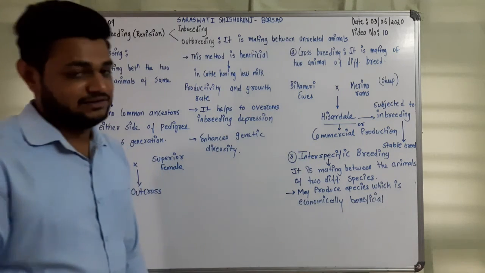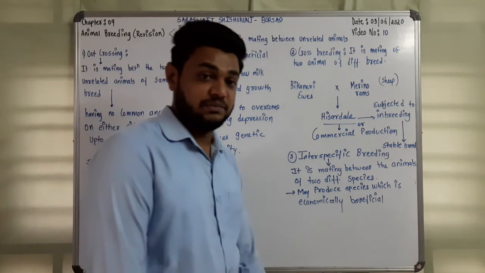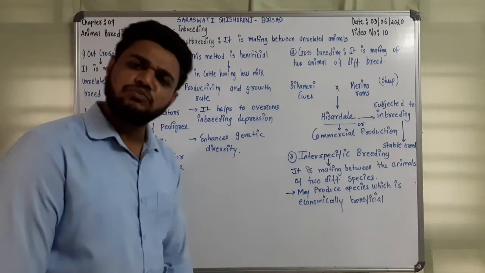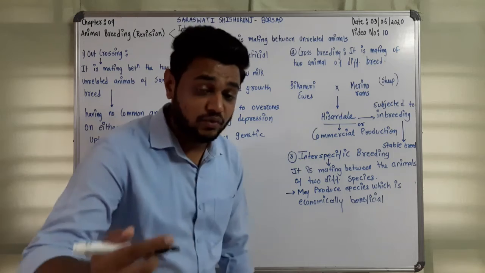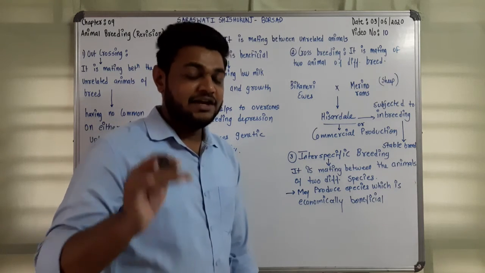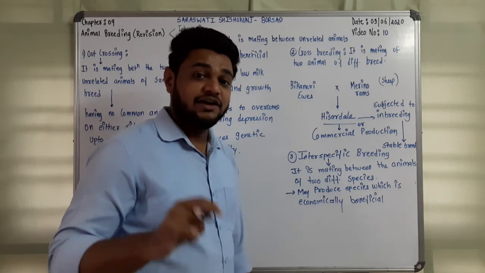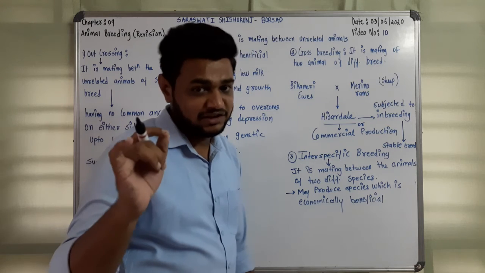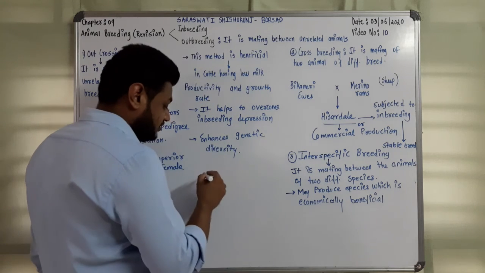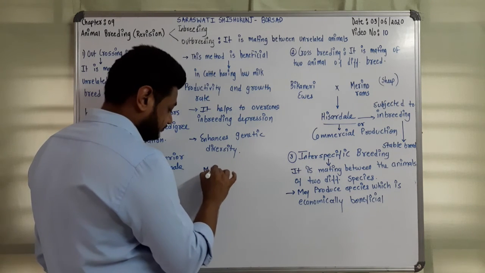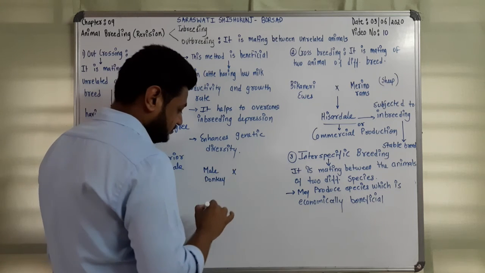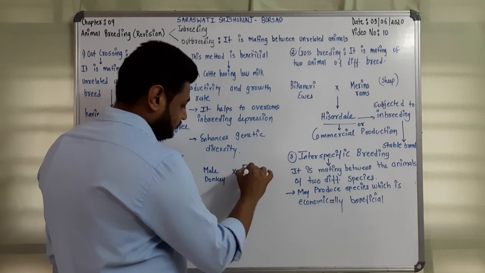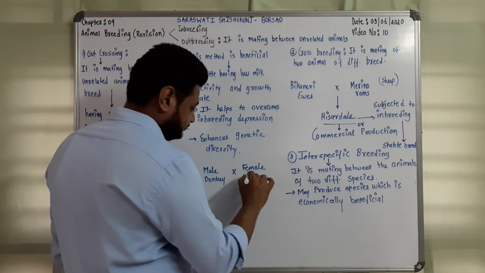Now let us see the examples of interspecific breeding. The best example is the mule, which is produced by a cross of two animals, the horse and the donkey. A male donkey crosses with a female horse.